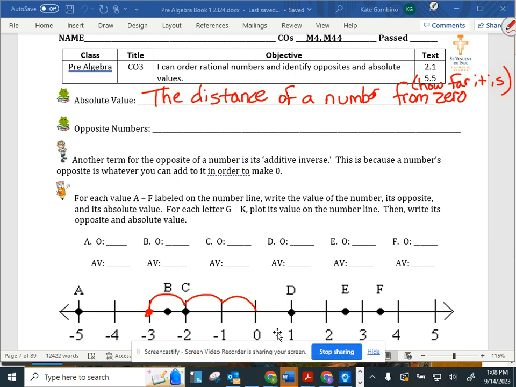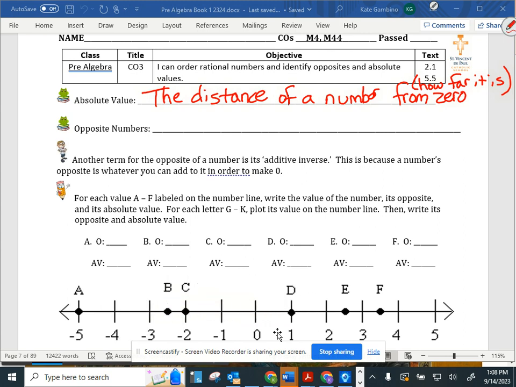So absolute value, whether our number started as positive or started as negative, the absolute value will always be positive.